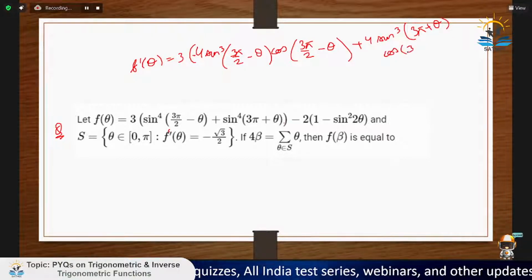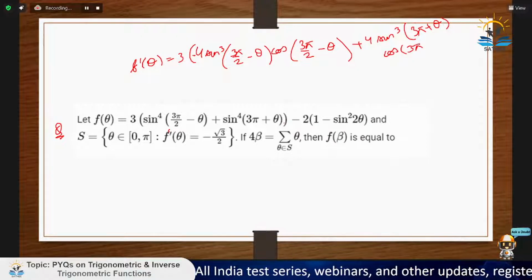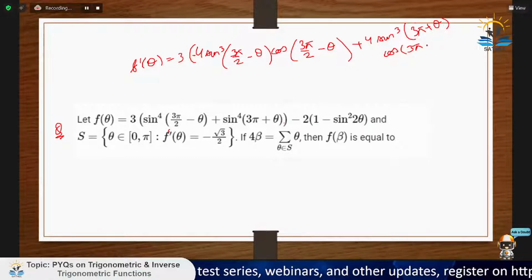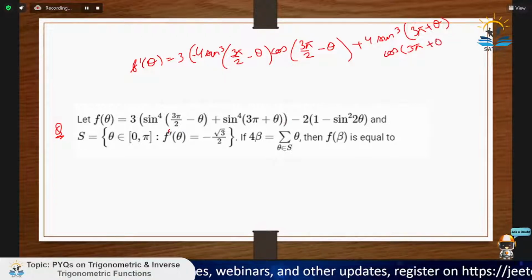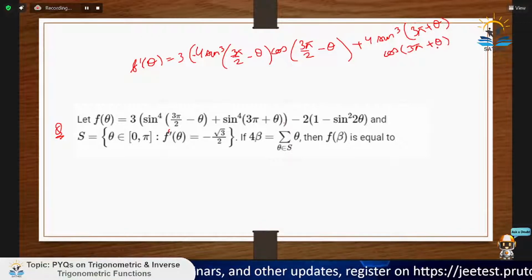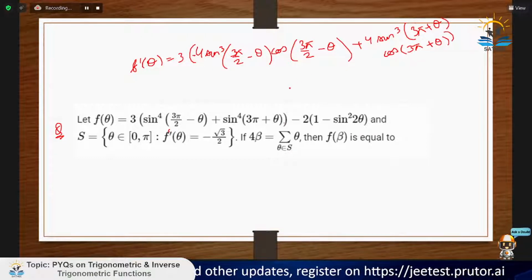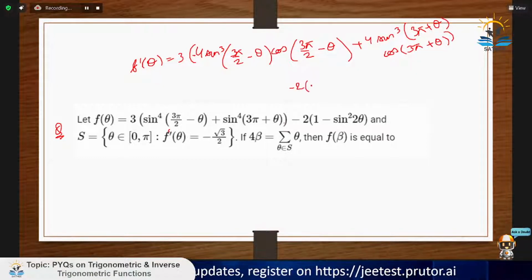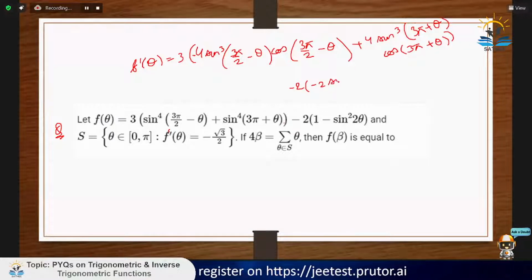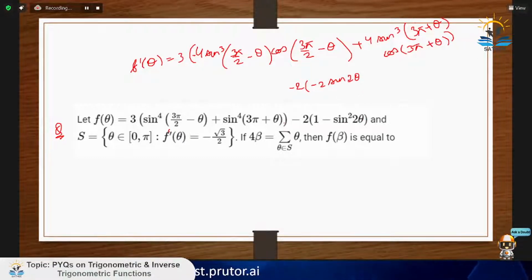So cos of 3 pi plus theta, and then the differentiation of 3 pi plus theta would be 1 only, so it doesn't matter. Then minus 2 sine 2 theta into the differentiation of sine 2 theta, which would be cos 2 theta, and then the differentiation of 2 theta would be 2, so it would become 4.